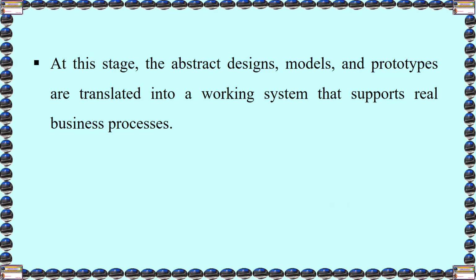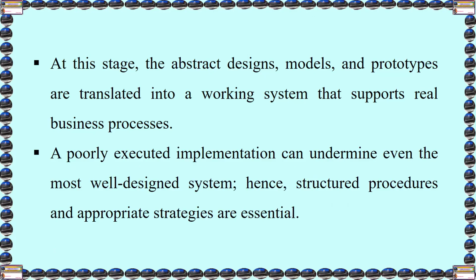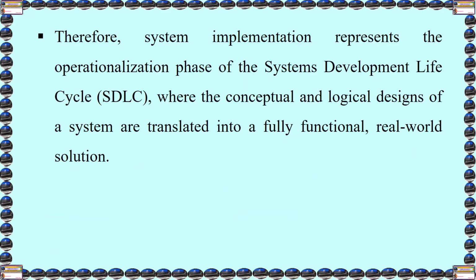At this stage, the abstract designs, models, and prototypes are translated into a working system that supports real business processes. A poorly executed implementation can undermine even the most well-designed system. Hence, structured procedures and appropriate strategies are essential.